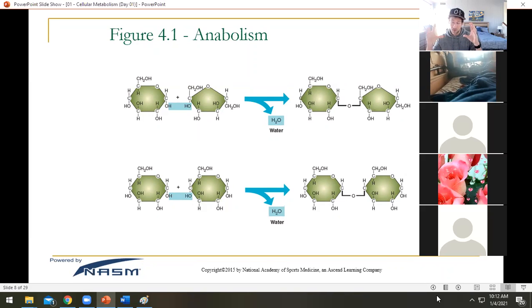So remember the big thing we're trying to make, which she mentioned earlier in the video: ATP, adenosine triphosphate. We're going to talk more about ATP later, but ATP is basically the currency that runs your body. There's a video that we're going to watch, and the analogy he uses is, if your body was like the United States, ATP is basically like credit cards.